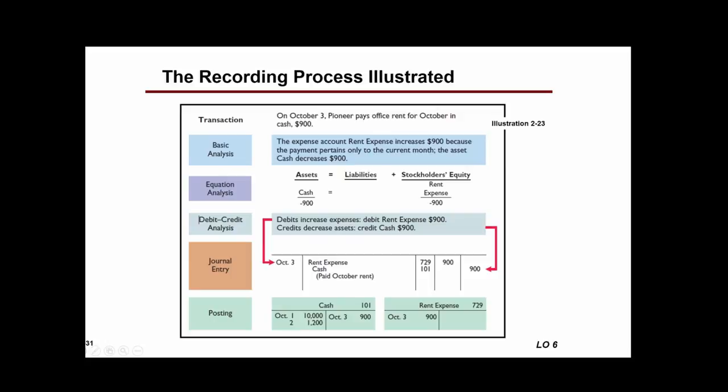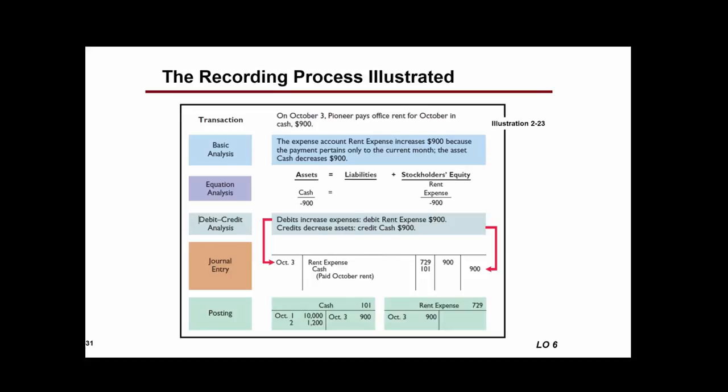So in this case, cash is an account that usually has a normal debit balance, right? As a result, you do total debits minus total credits. In this case, it is 10,000 plus 1,200, that's 11,200. Minus 900 will be, so you will have it like this.